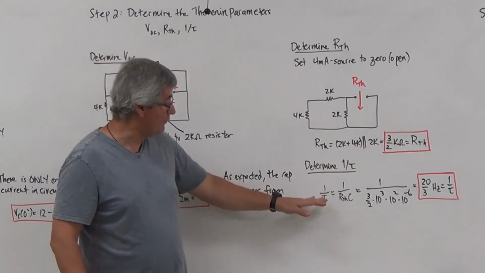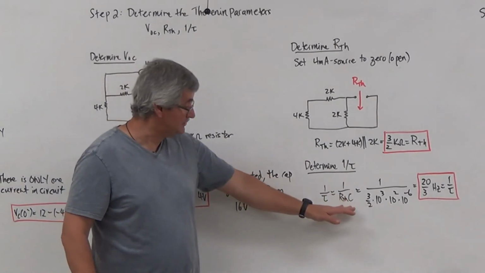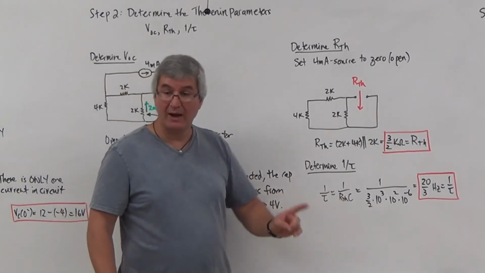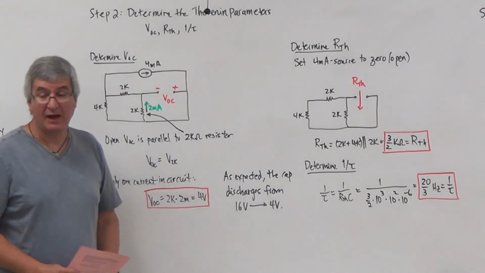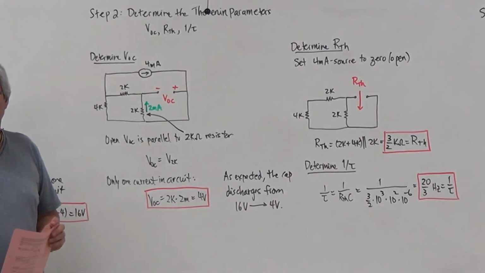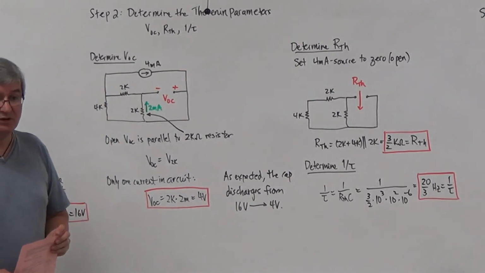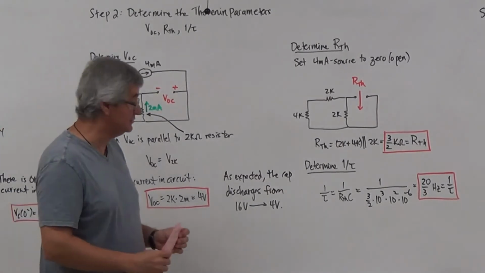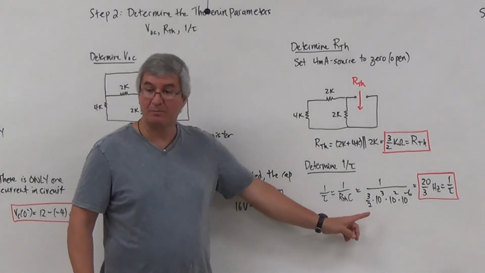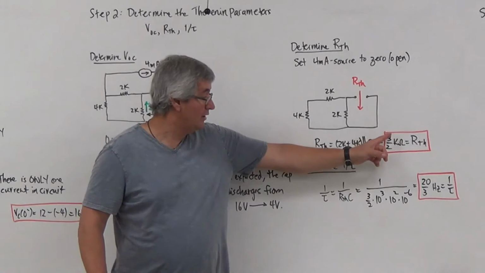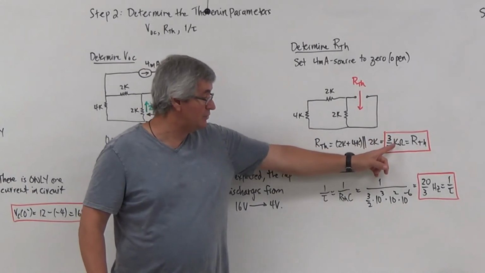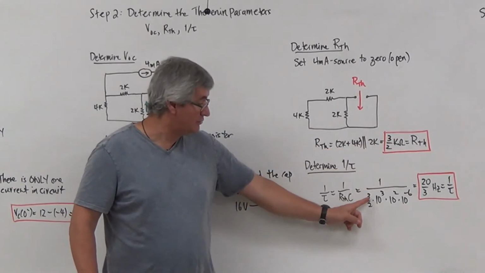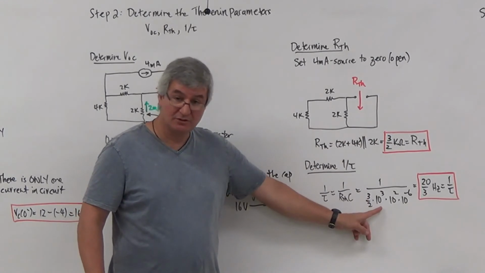And then 1 over tau is 1 over RC. The way I typically calculate them, I don't put them into my calculator unless I absolutely have to. I just start calculating numbers and raise everything to powers. I have 3 over 2 kilohms, so you can see me write 3 over 2 times 10 to the 3.